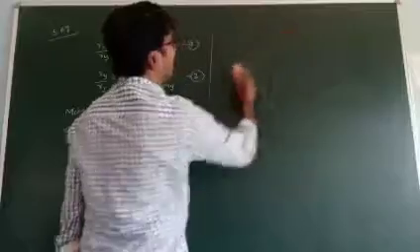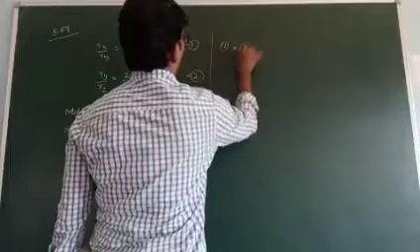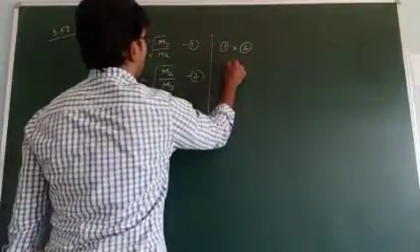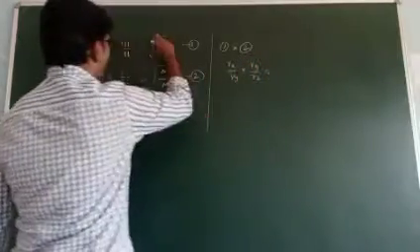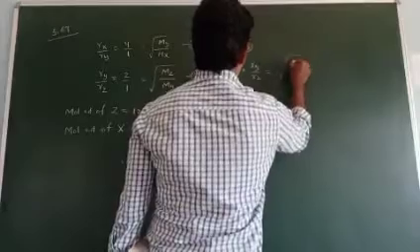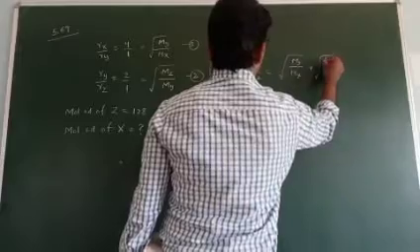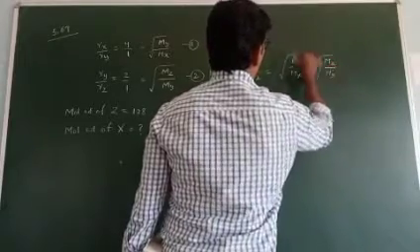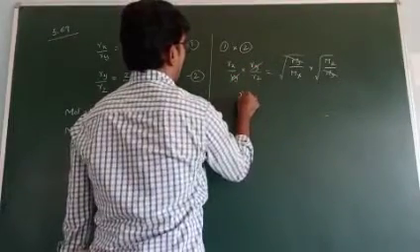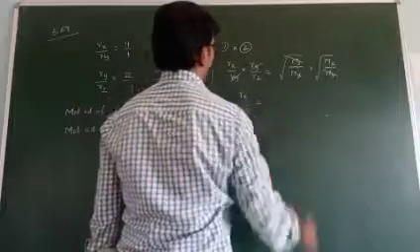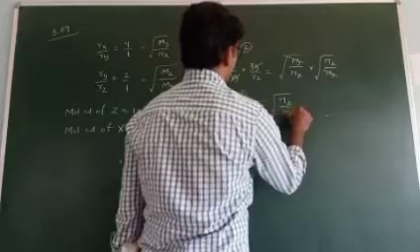Just multiply these two, then Y cancels. So Rx by Ry into Ry by Rz is equal to, multiplying these two also, root over My by Mx into root over Mz by My. My cancels. So Rx by Rz is equal to root over Mz by Mx.